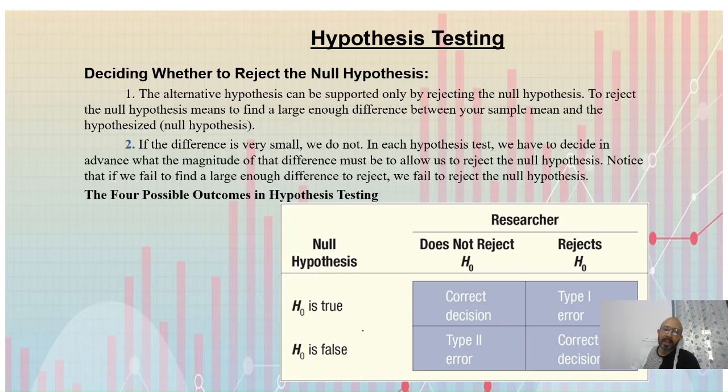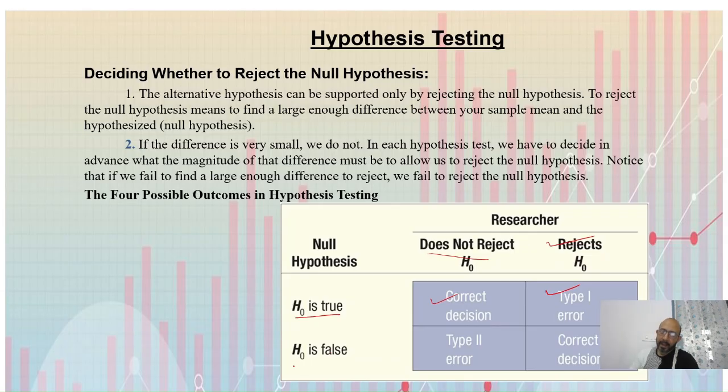The four possible outcomes in hypothesis testing: null hypothesis H0 is true. Researcher does not reject: correct decision. If the researcher rejects: type 1 error.